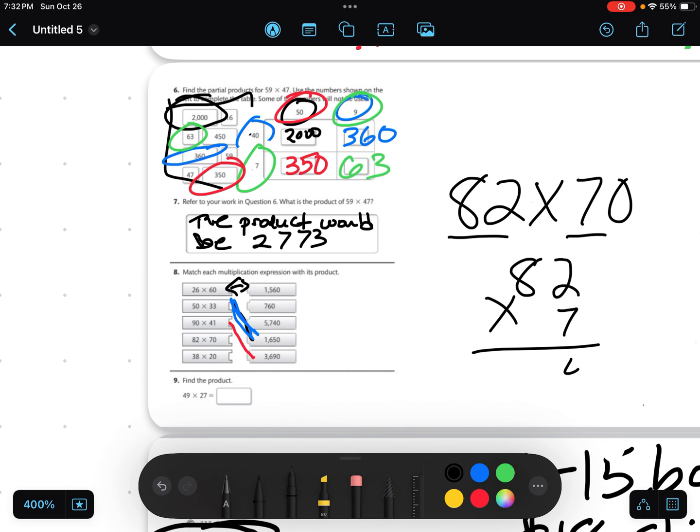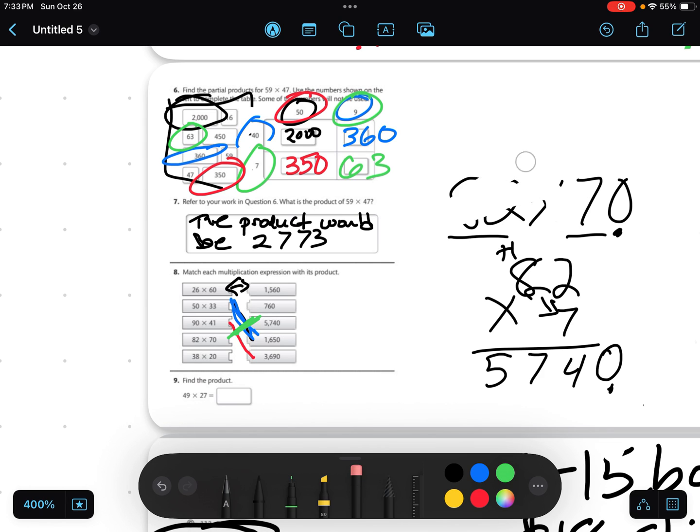2 times 7 equals 14. Cross multiply, 8 times 7 equals 56 plus 1, 57. And then remembering that 0. I almost just forgot it. All right, so 5,700. So this one would be connected to this one.